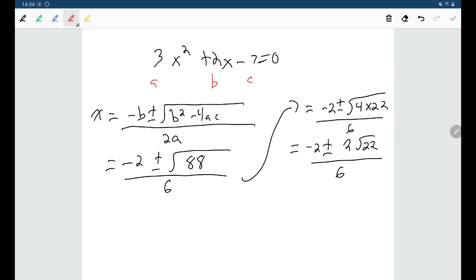And here, one last final move before I state my solutions. I notice that in the numerator, 2 is a factor of both of the terms, and 2 is a factor of the denominator as well. In other words, I could divide everybody top and bottom by 2.